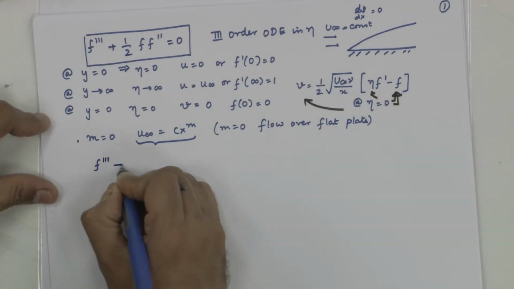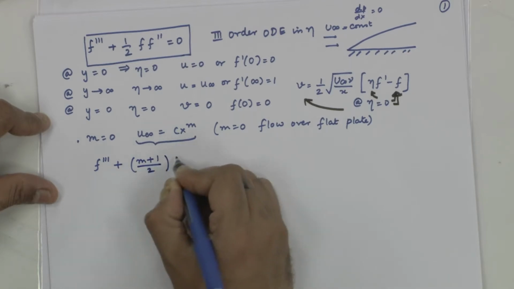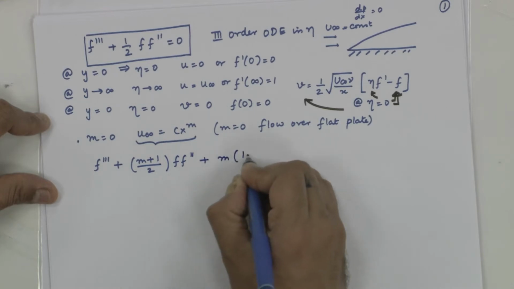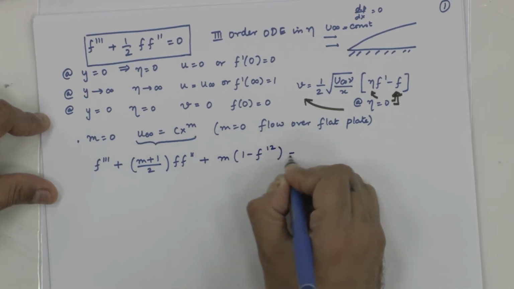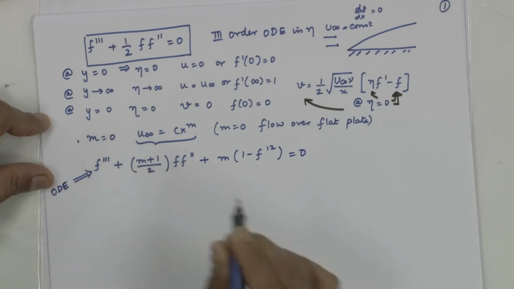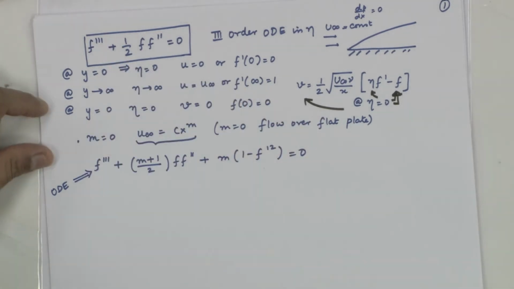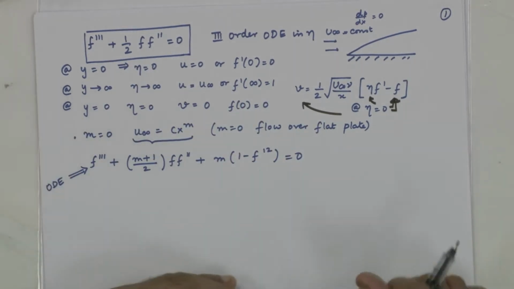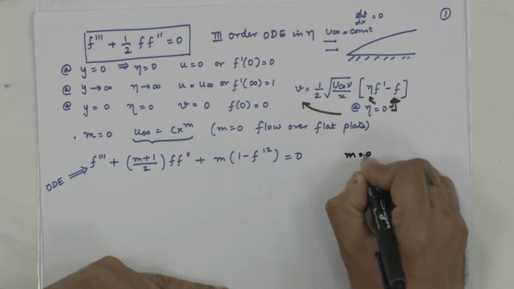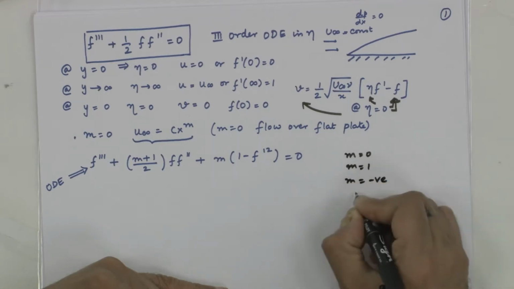So, (m plus 1) f triple prime plus (m plus 1) by 2 f f double prime plus m times (1 minus f prime squared) equal to 0. This was my ODE. When m equal to 0, you got this equation.